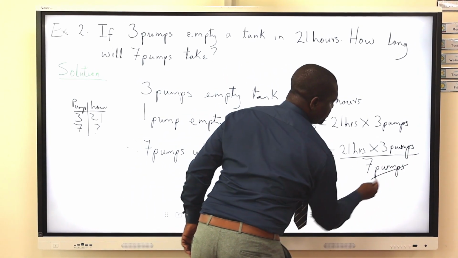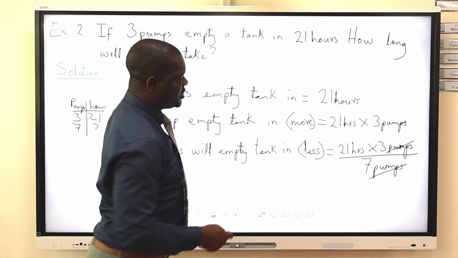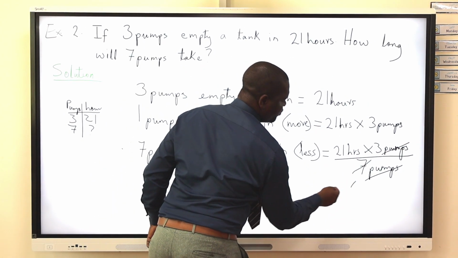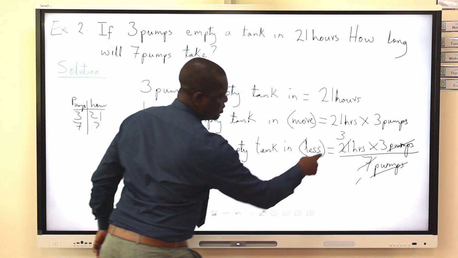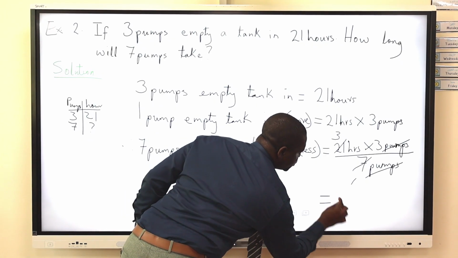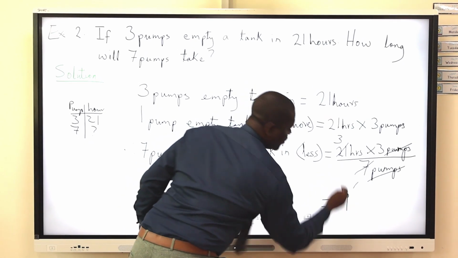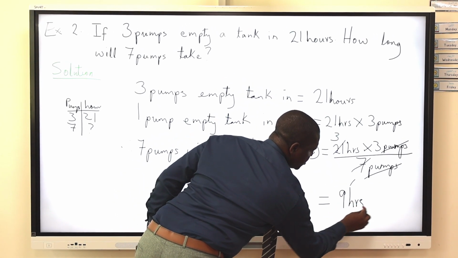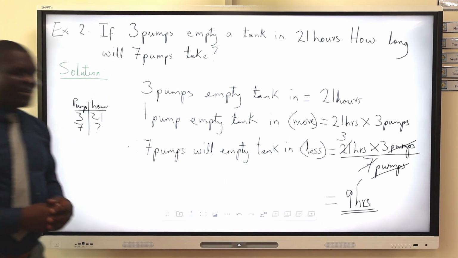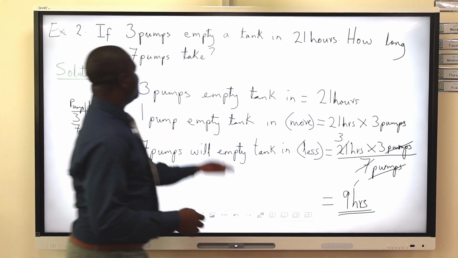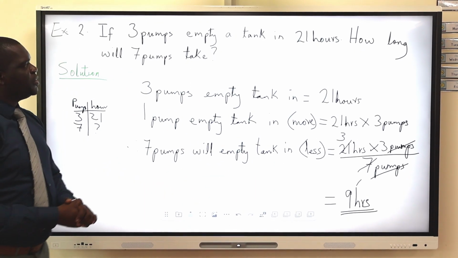So that pumps can do away with these forms. Here 7 can simplify itself 1 time, and 7 into 21 3 times. So the answer will be 3 times 3, which is equal to 9 hours. Remember, we are looking for time. So it is going to take 9 hours for 7 pumps to do the work.